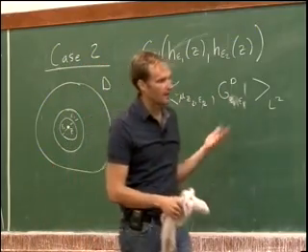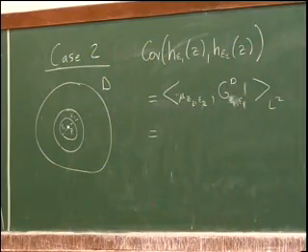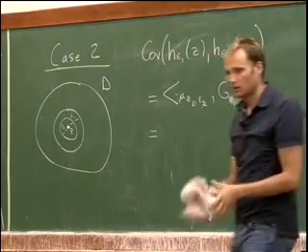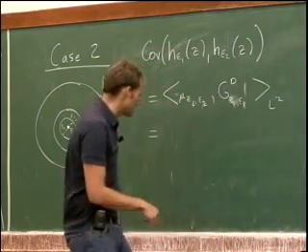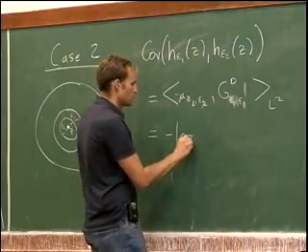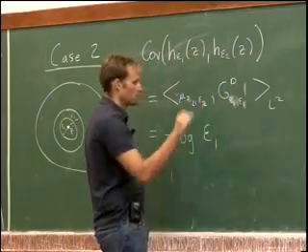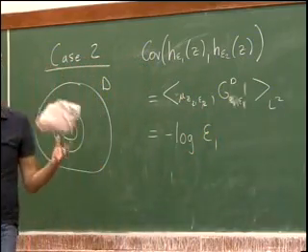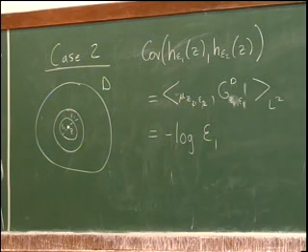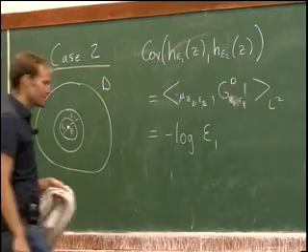Well, inside you get minus log of epsilon 1. If you take minus log of epsilon 1 and average it on this circle, you're going to get minus log of epsilon 1. Careful. No, I lied there.